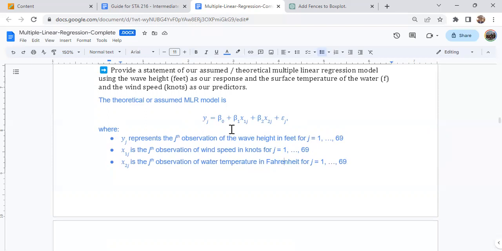So we don't have numerical estimates for the betas for the assumed model. This is just what we're assuming holds true for the data, but we get estimates of these betas based on a data set, and then we denote the estimates with beta hats.